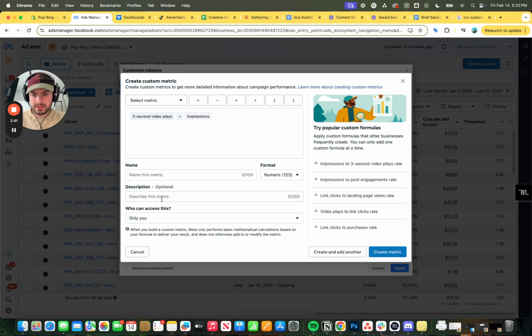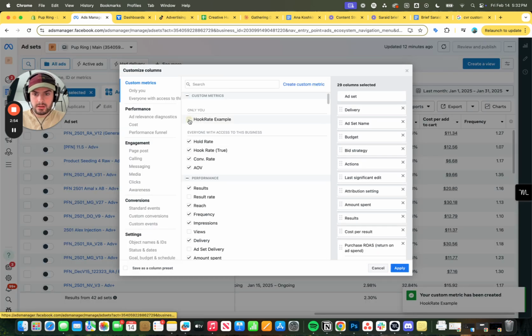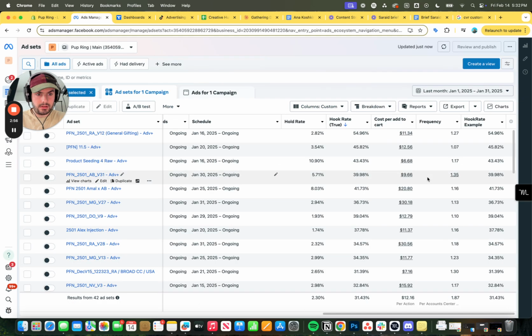And you want to name this, we can just say here, hook rate example. And the format here you want set as percentage. Now, when you create this metric, and I can add it here, you'll see that you're going to have the hook rate right inside of your column here.